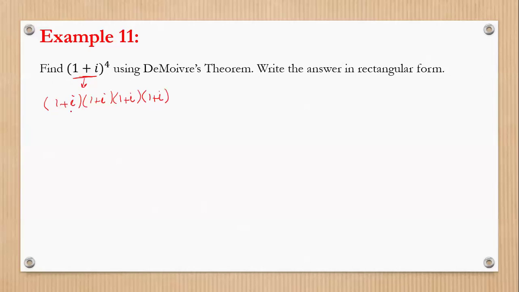You multiply the first 2, find the answer, then multiply by the 3rd one, find the answer, and multiply it by the 4th one, and then find the final answer. And you know how long that takes, because every time you multiply by a new parenthesis, you will have more terms for multiplying.